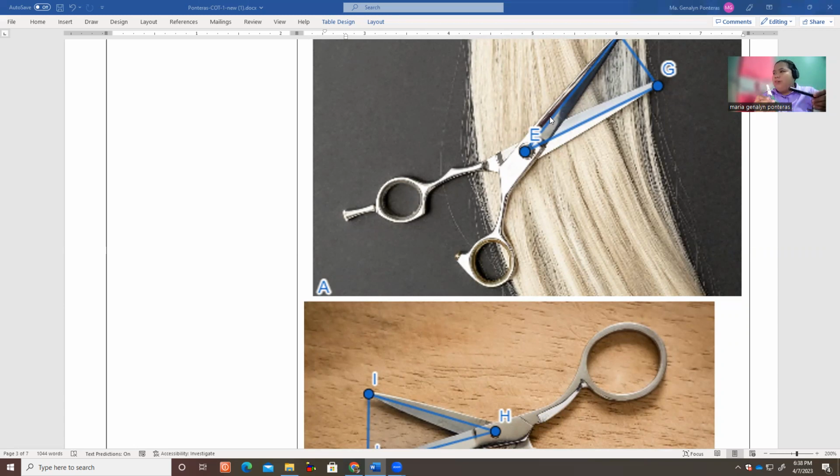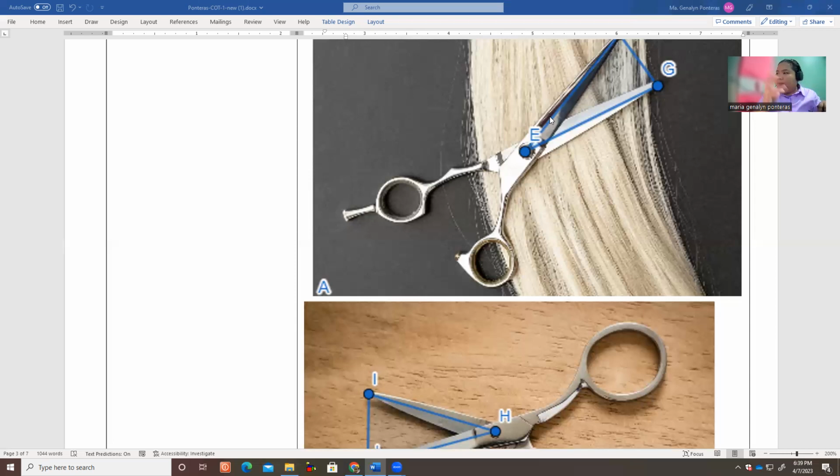So kung ito yung opening ng scissor natin, if we're going to extend this one, the third side of our triangle form is now longer than the previous one. But if this is our first opening ng scissor, if we're going to make it narrower, just pinaliit natin, the third side becomes smaller or shorter than the previous one.